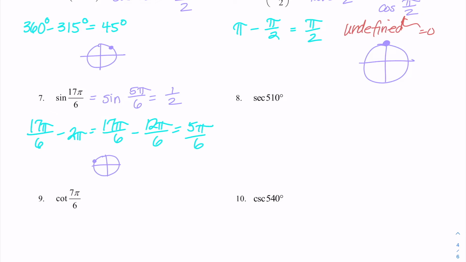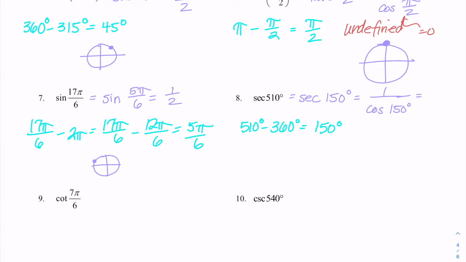Okay, let's take a look at the secant of 510 degrees. The secant has a period of 2 pi, or 360 degrees. So we can subtract 360 degrees from 510, and we have 150 degrees. So now this is equal to the secant of 150 degrees, and that's equal to 1 over the cosine of 150 degrees.